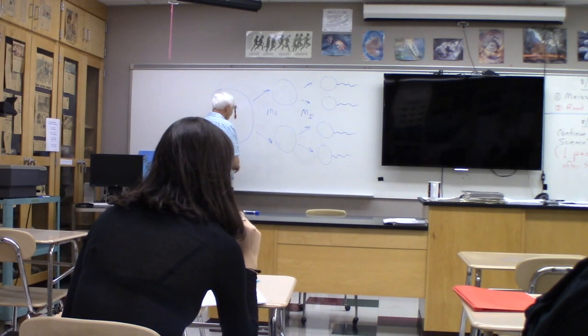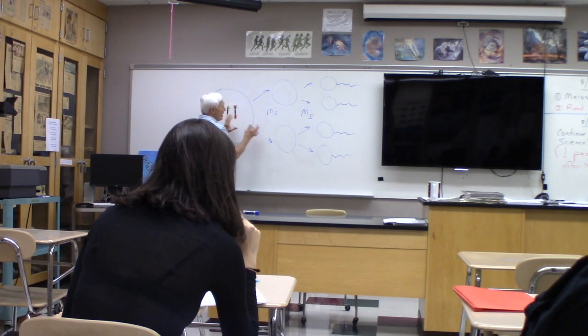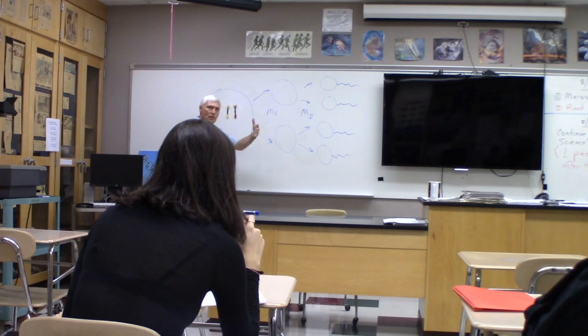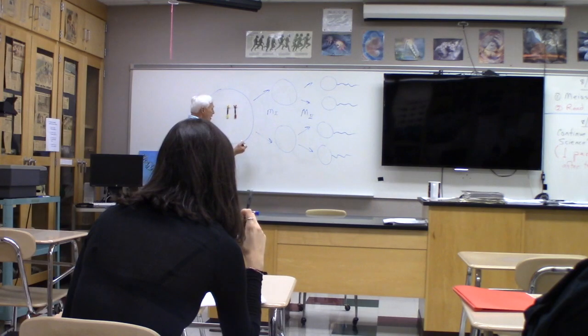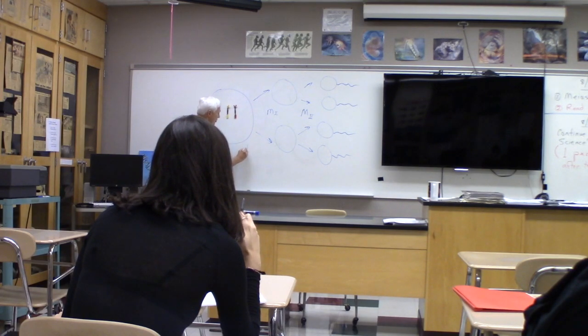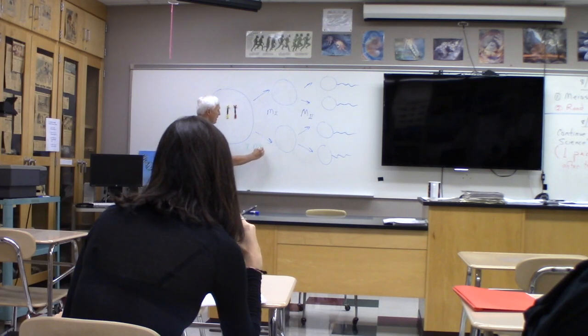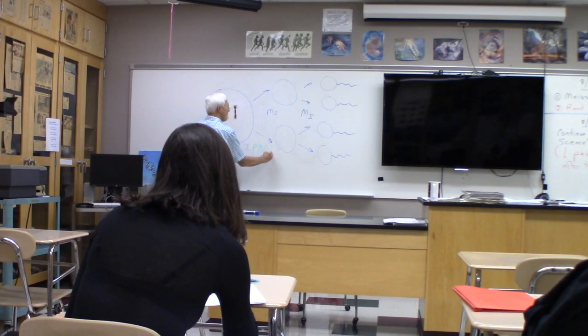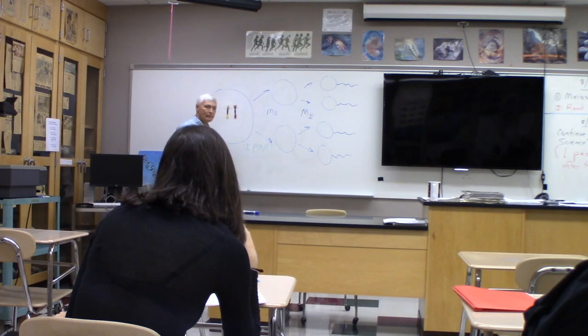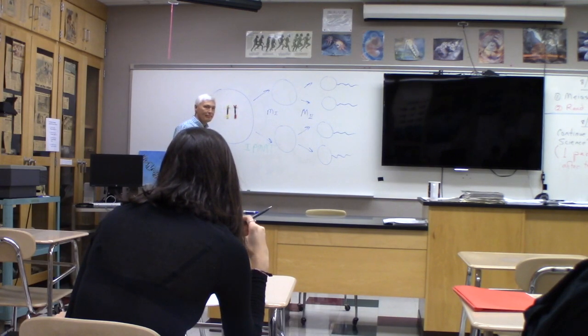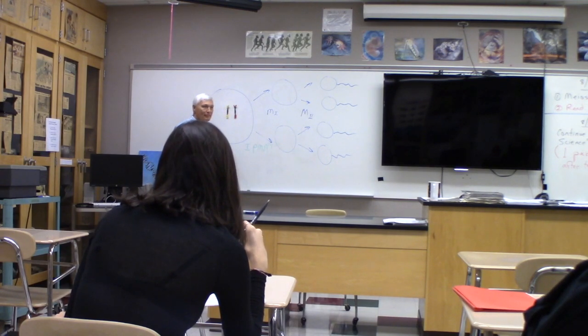What this cell is going to do is, the stages are kind of like mitosis. It's going to go through a stage called interphase, prophase, metaphase, anaphase, telophase. Sound familiar?